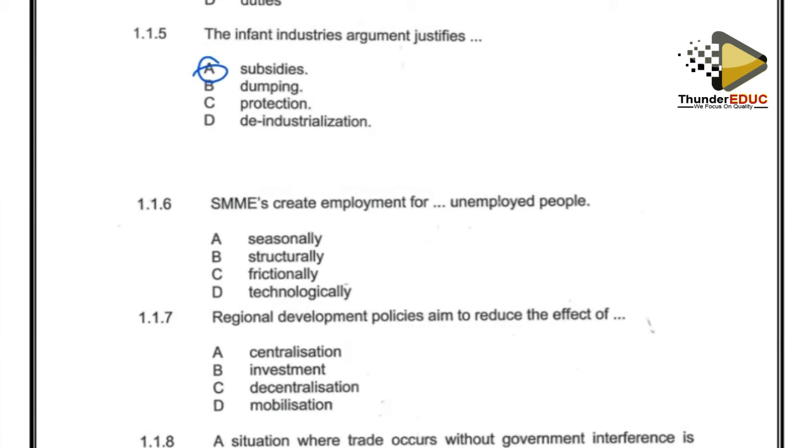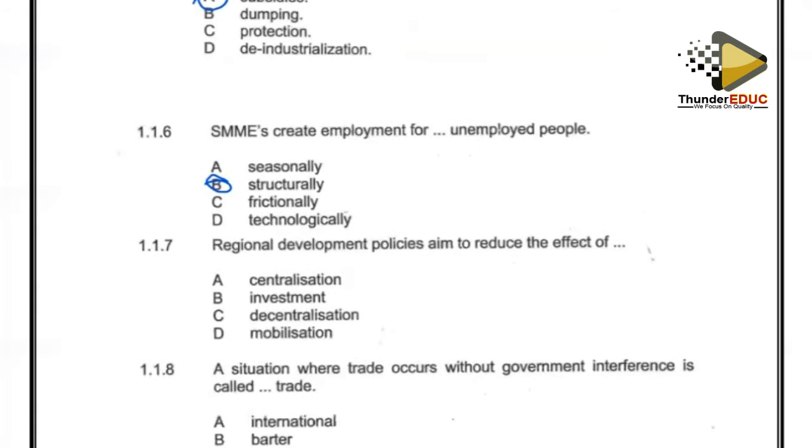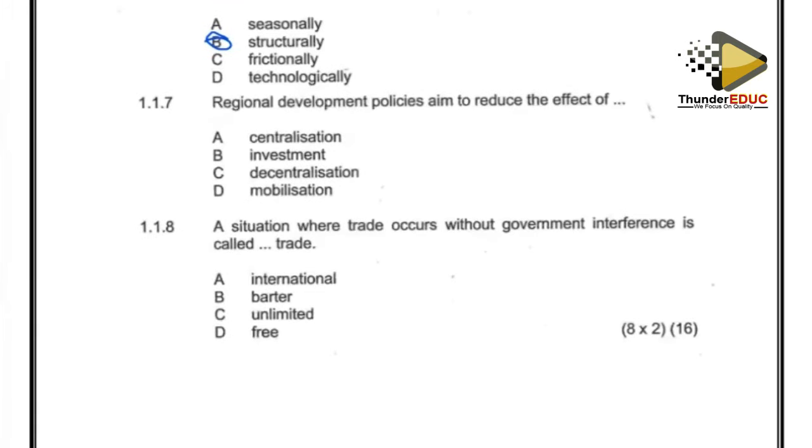If we check here, the people that can get employment because of small, medium, micro enterprises are those who fall under structural unemployment. Okay, right. Now moving on to 1.1.7: regional development policies aim to reduce the effect of dash. That is going to be the effect of centralization.